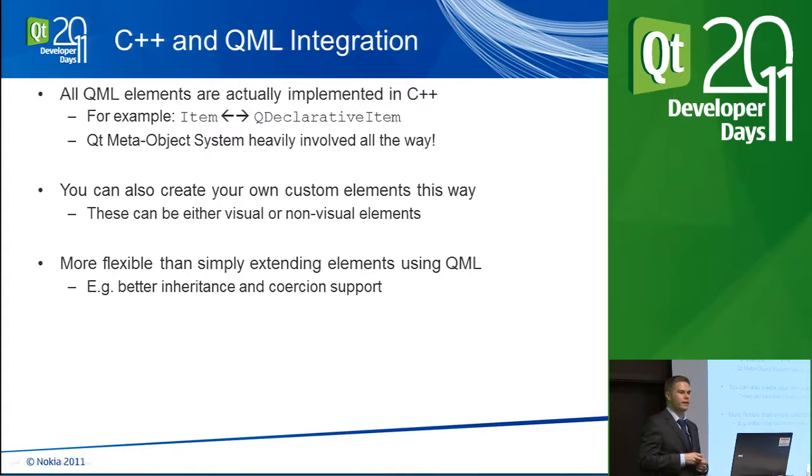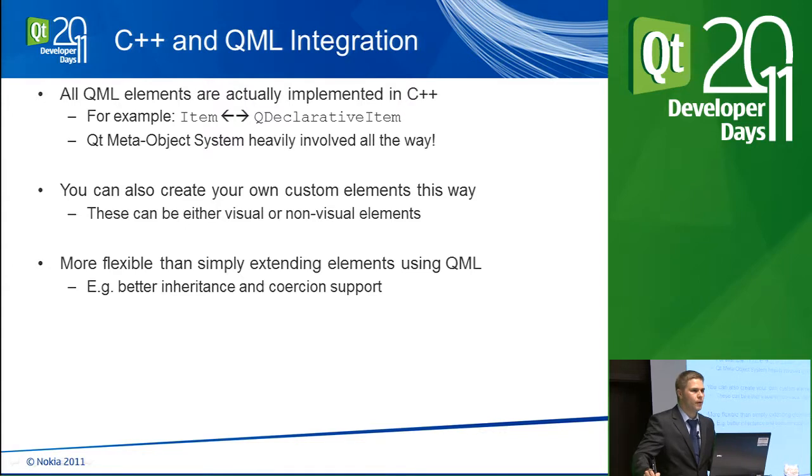In a more general way, this is an interesting little detail. QML is based on QGraphicsView. All the QML elements live in the QGraphicsScene. And that means that you can combine these two things.